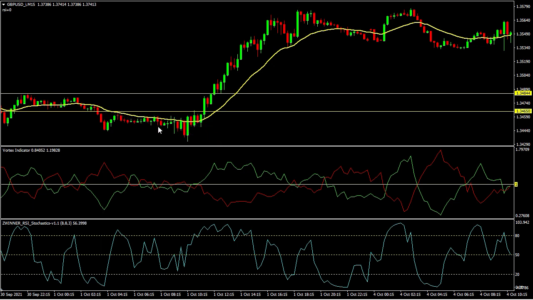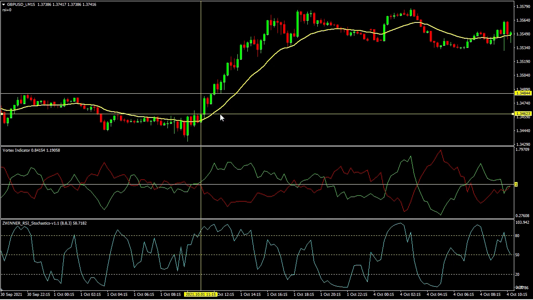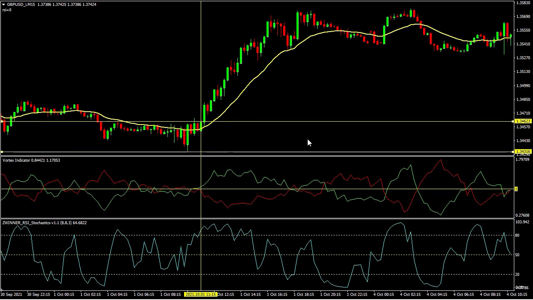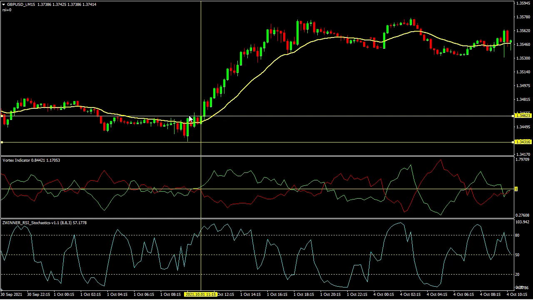Okay, and then after that you get another signal here to buy this one. Z1 RSI stochastic is also going up, and this candle goes up above the moving average, so you buy at the open of the new candle, on this green candle, and you bring your stop loss 5 pips below this one, which is the low.